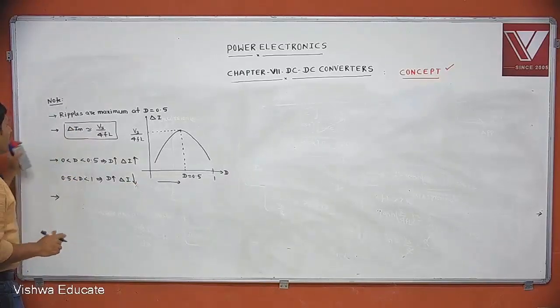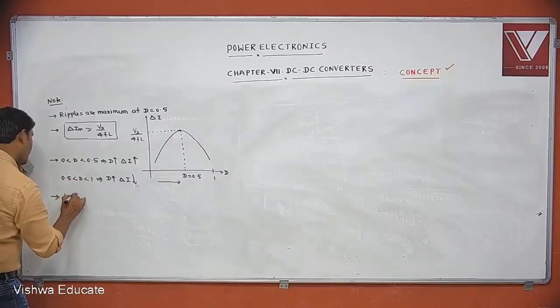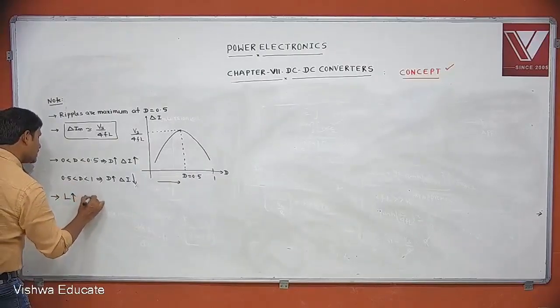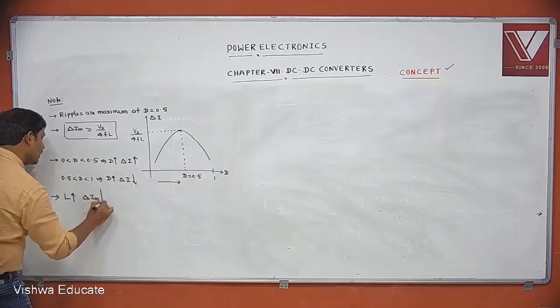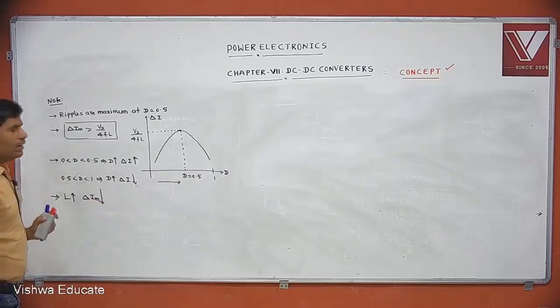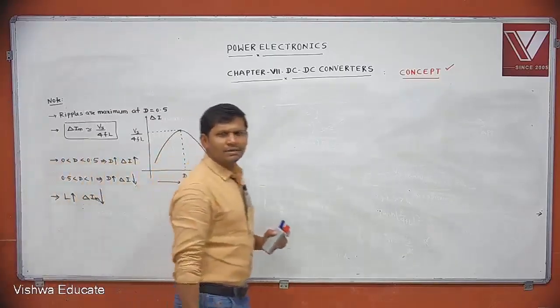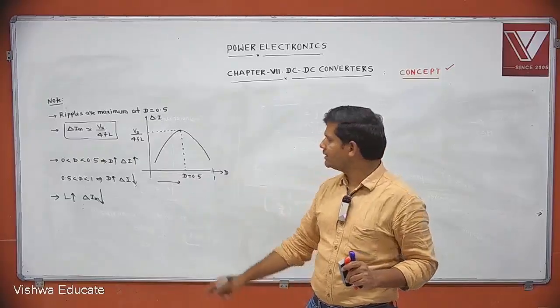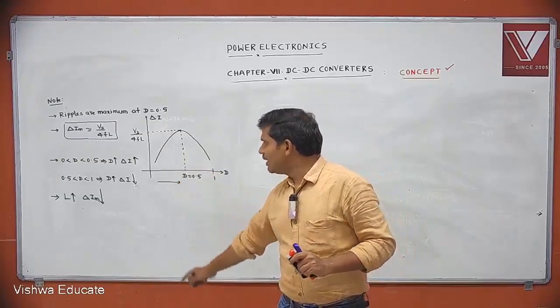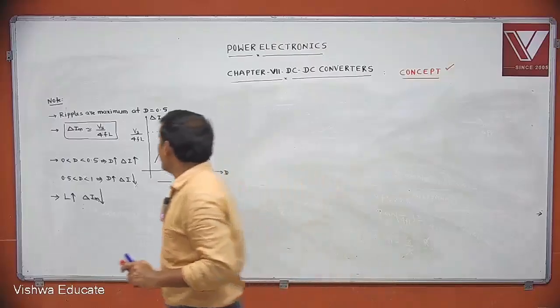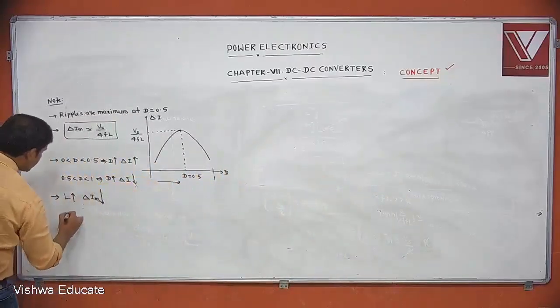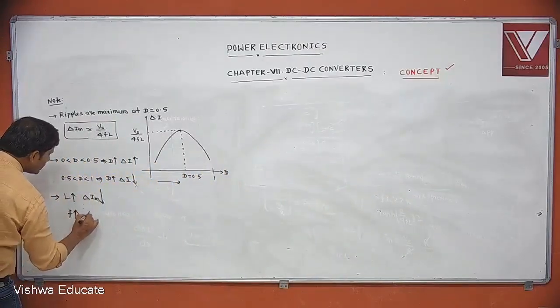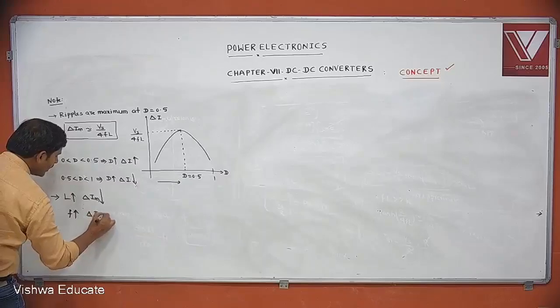What is the maximum value of ripple current? Therefore, if inductance increases, the maximum ripple current is also reduced. That's why by connecting a large inductor in the load, we can reduce the ripples in the load current. Now one more observation: if the frequency increases, the ripples are also reduced.